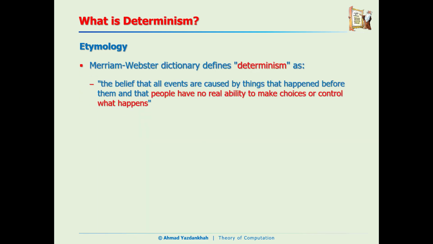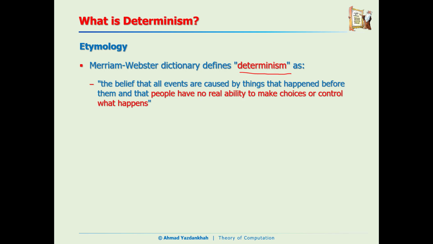What is determinism? I owe you the meaning of deterministic. When we said deterministic finite automata, what is the meaning of deterministic? Let's look it up in the dictionary. In fact, this is a philosophical concept.